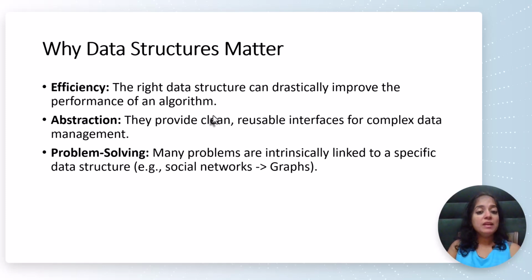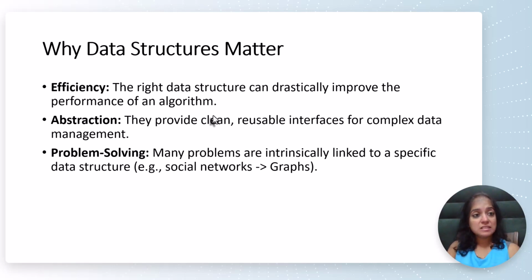Then problem solving. Many of the problems are basically associated with specific data structures. For example, social networks are an example of graphs. If you go for GPS, that is again an example of a graph, because you have to find the shortest distance between two cities.